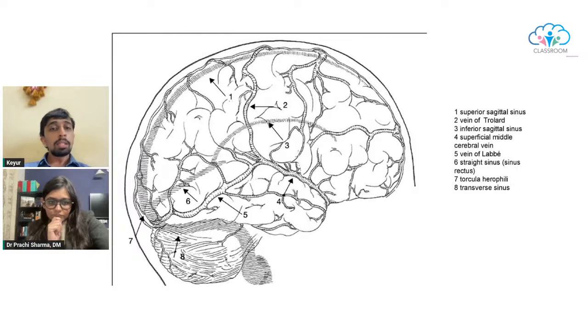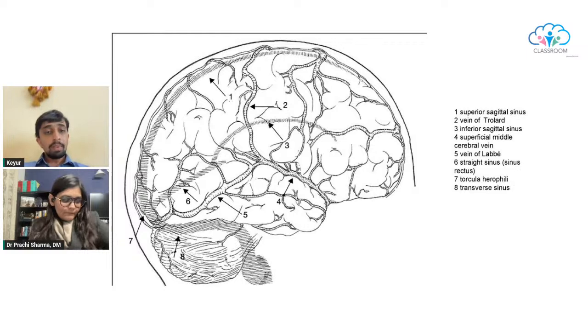The communicating vein between the superior sagittal sinus and the superficial middle cerebral vein is known as the vein of Trolard, whereas the communicating vein between the superficial middle cerebral vein and the transverse sinus is known as the vein of Labbé. These are among the most important veins to maintain the circulation between the superior sagittal sinus and the superficial middle cerebral vein.